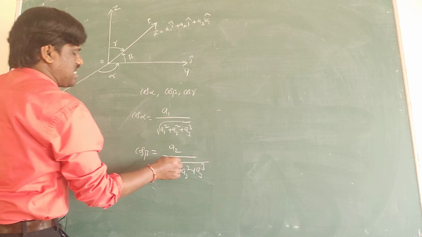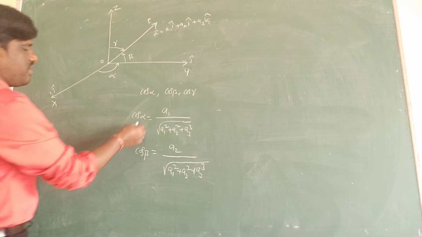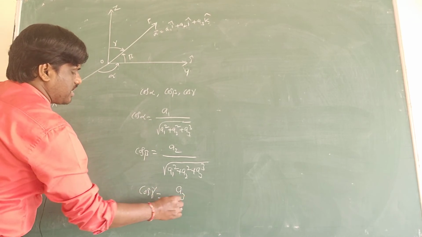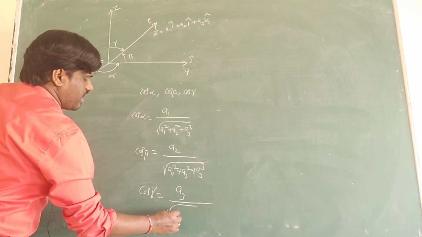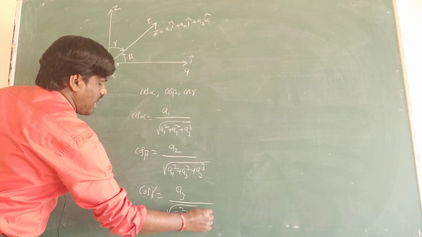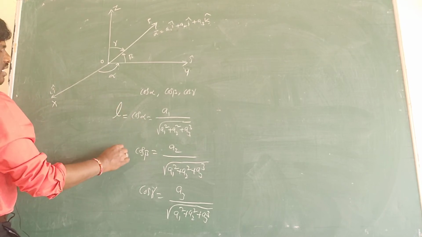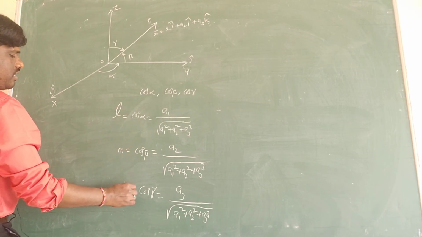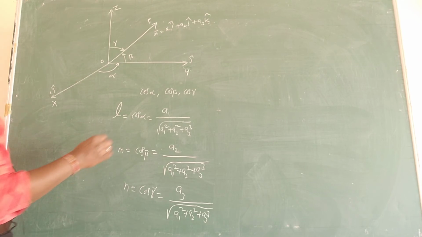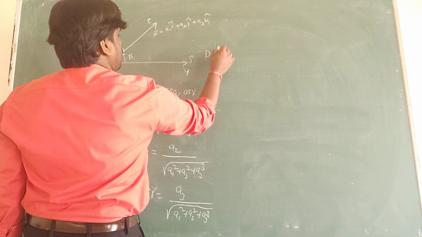So these angles we will find like this: cos alpha, cos beta, and the other one is cos gamma, which is equal to a3 by under root of a1 square plus a2 square plus a3 square. And these direction cosines are represented by L, M, N. This cos alpha, cos beta, cos gamma are called direction cosines.